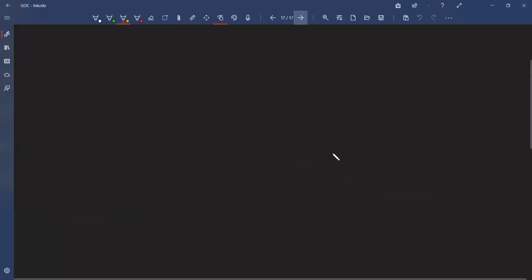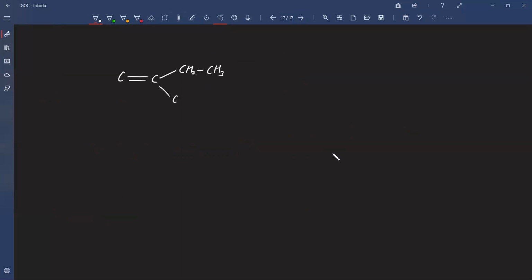Okay, now in the same way, what if the compound is this: CH2, CH3, CH3, and here you have OH, and here you have OCH3. What if this is the molecule? So the problem here is what?